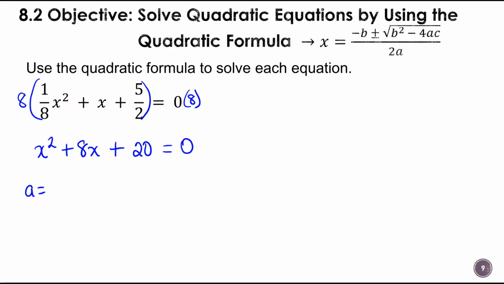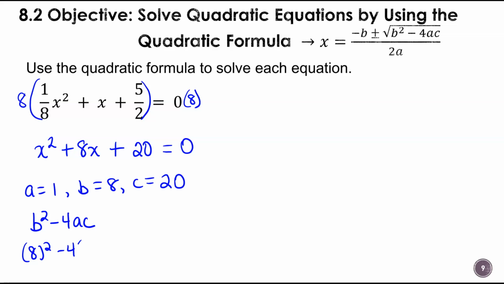Let's identify A, B, and C. And then calculate the b squared minus 4ac. So that's going to be 8 squared minus 4 times 1 times 20, which is 64 minus 80. And then that gives us negative 16.